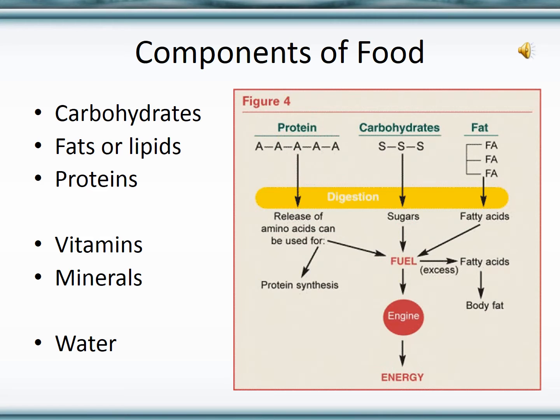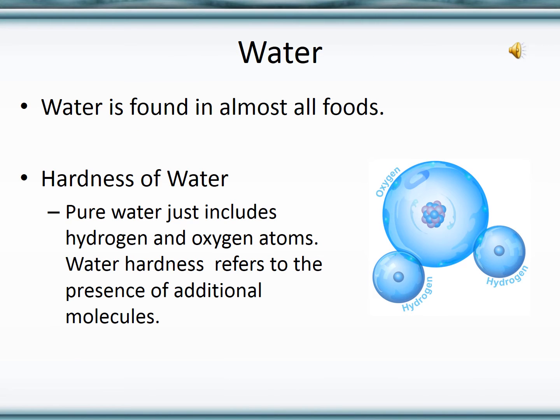Water is the third group, and although it is needed in very large quantities like the macronutrients, we place it in its own category due to its unique nature. We will not go into great detail with water for this chapter, but do understand these 2 main concepts. Water is found in almost all foods to some degree, even if they are very dry foods.